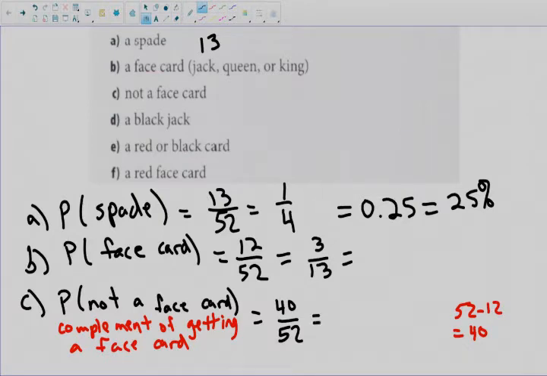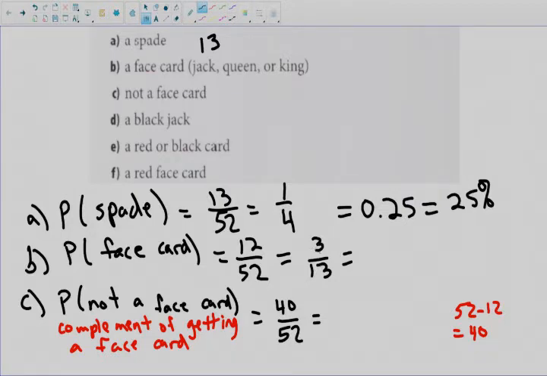Or, we can simplify this fraction, but I had said that we can also think of this, even though it's a simplification of this fraction, 3 out of 13 can be thought of as 3 face cards out of 13 in one suit. Well, if there's 3 face cards out of 13 in one suit, how many non-face cards are there out of 13?